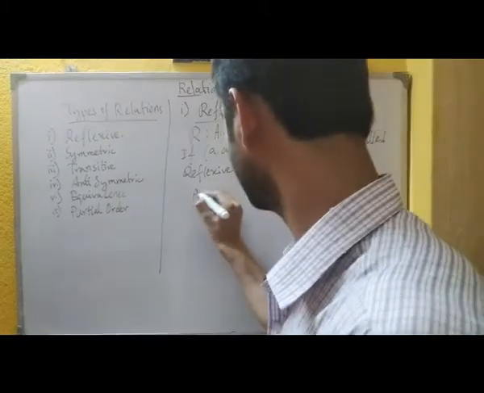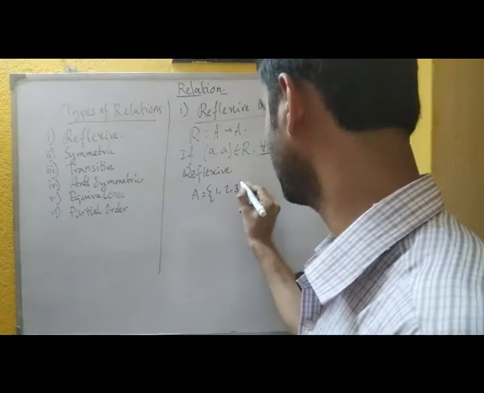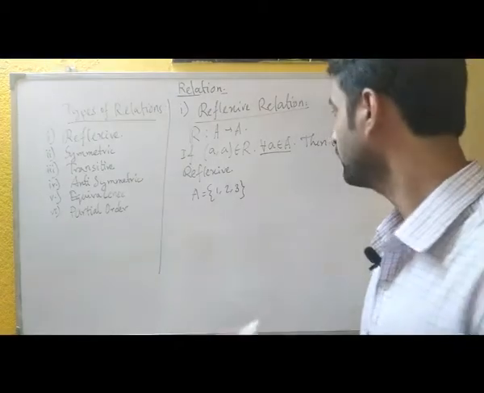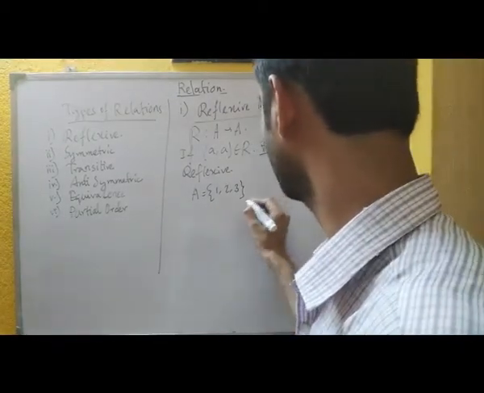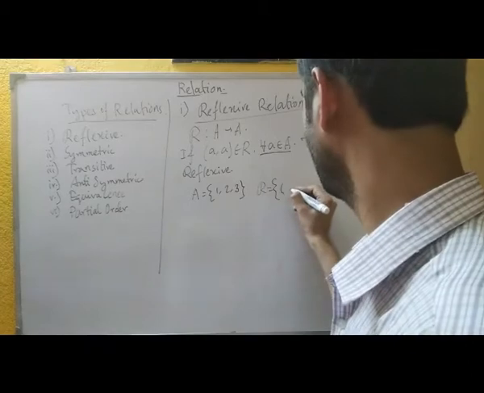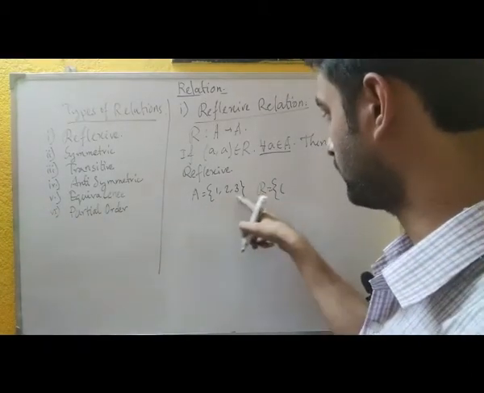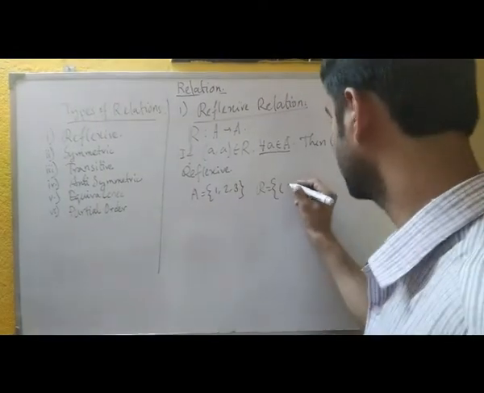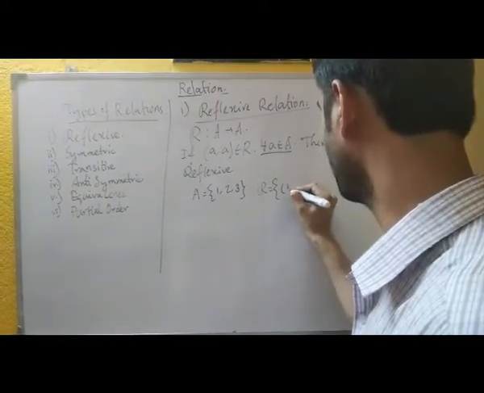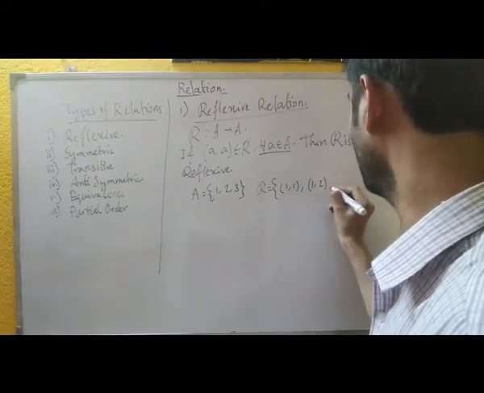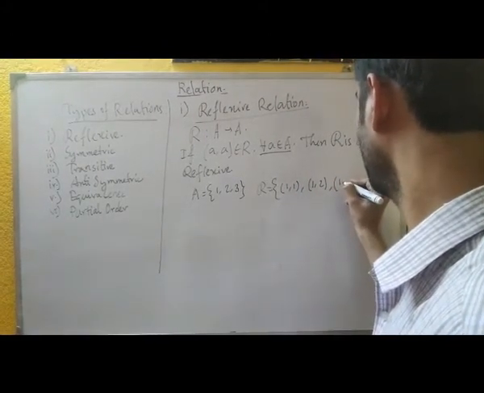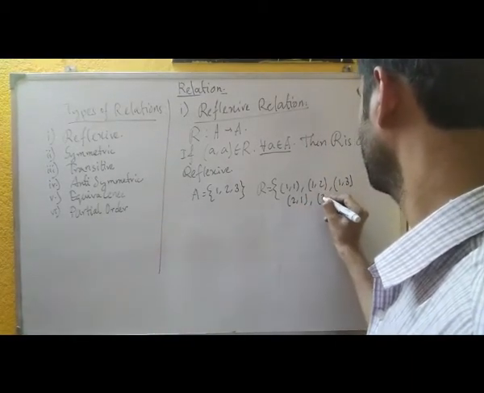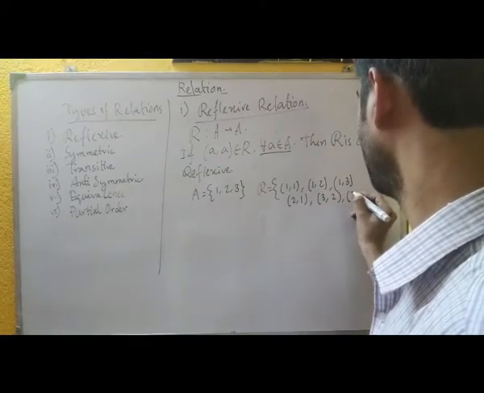Say A is the set {1, 2, 3}, and as we know a relation is a subset of the set A cross A. Suppose we are considering this relation from the ordered pairs of the elements of A cross A like this: (1,1), (1,2), (1,3), (2,1), (3,2), and (3,3).